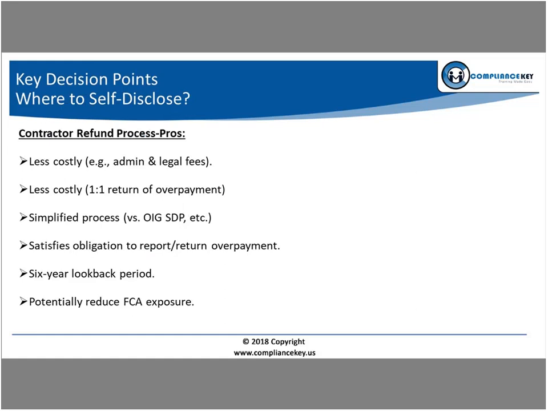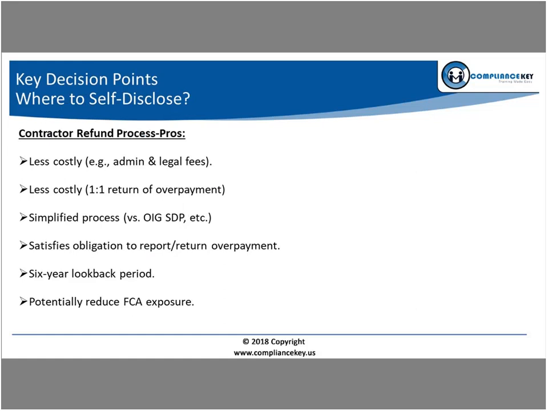It's a much more simplified process. You do your audit, define your scope, determine the amount of claims and the dollar amount that's involved, and then send a letter on to your MAC, or make sure you go through the process that's dictated by your particular MAC for refunding overpayments.